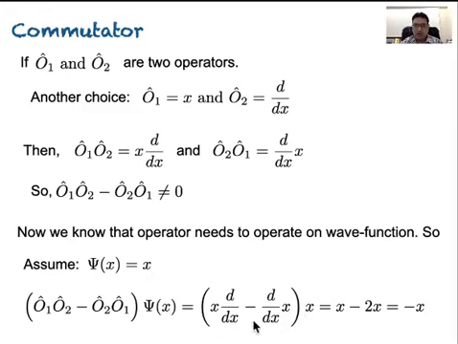If you do the operations, using the product rule, it is easy to show that it will be minus x. Again, we have to emphasize that this quantity is non-zero.